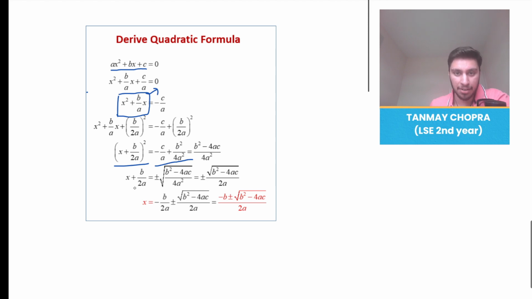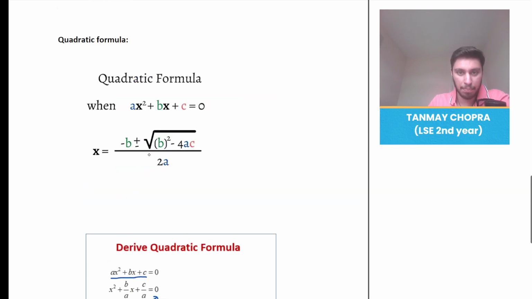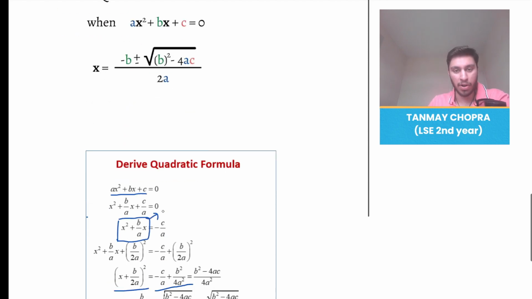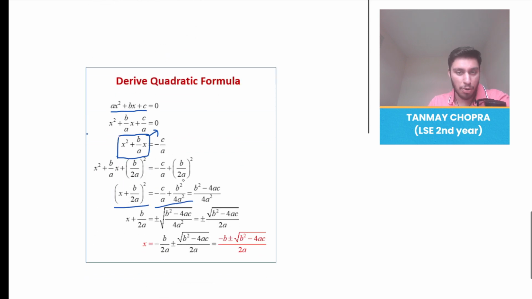You simplify that term, you solve for x, and you'll get basically the quadratic formula, which is x equals negative b plus or minus square root of b squared minus 4ac, over 2a. It's nothing more than completing the square for the general expression ax squared plus bx plus c. If you practice completing the square for some examples a few times, you will essentially realize that this is nothing difficult at all. So this is the derivation of the quadratic formula.